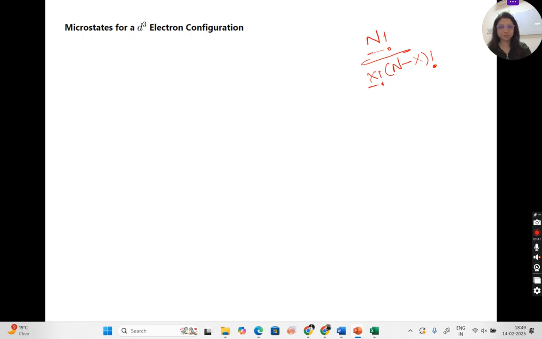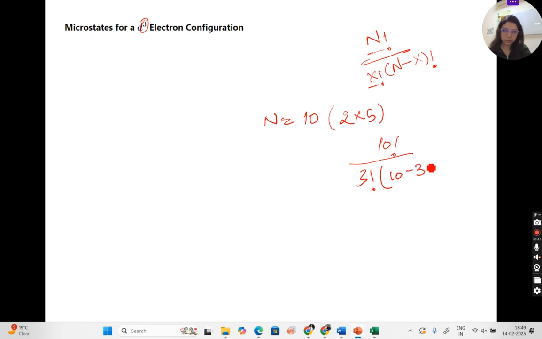So here the n for d is 10 because d has 5 orbitals, so 2 into 5 gives us a value of 10, and we need to calculate for 3. So this is 10 factorial over 3 factorial and (10 minus 3) factorial.